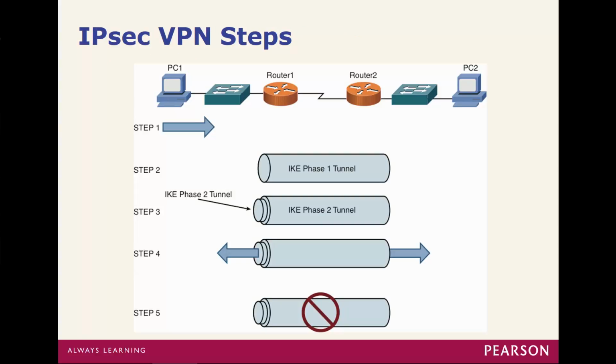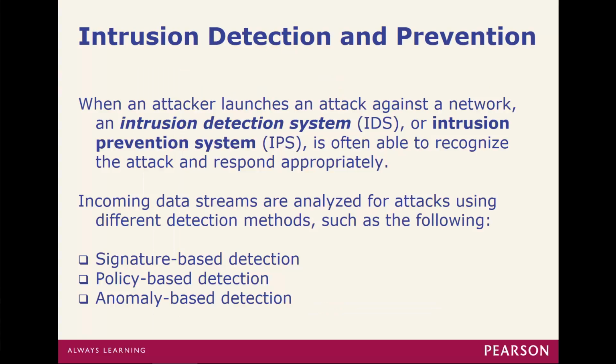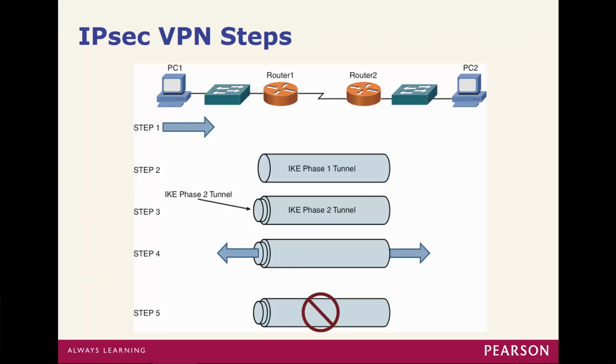So again, the steps are: you create the Phase 1 tunnel, you verify the encryption and authentication for the Phase 2 tunnel. Once you can go both ways, it creates the IPsec tunnel. One more thing when we're talking about VPN tunnels: we can have header encryption or packet encryption. So we can encrypt just the header information, or we can encrypt the entire thing depending on your needs.